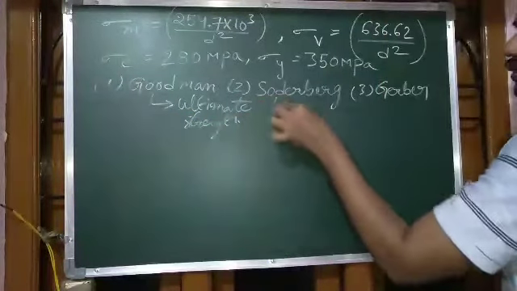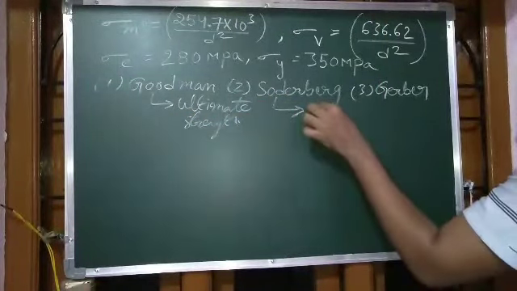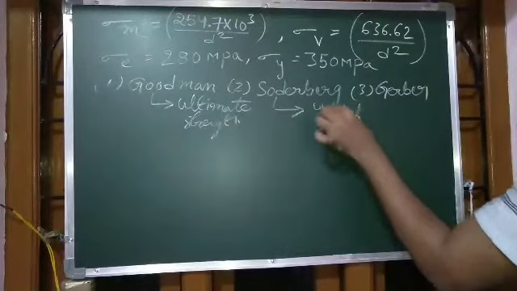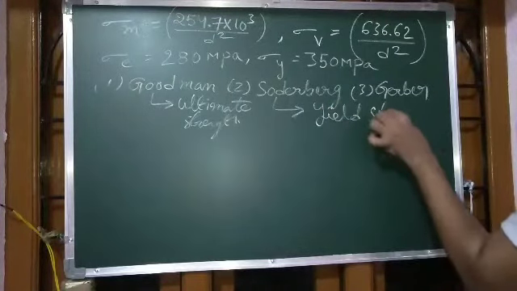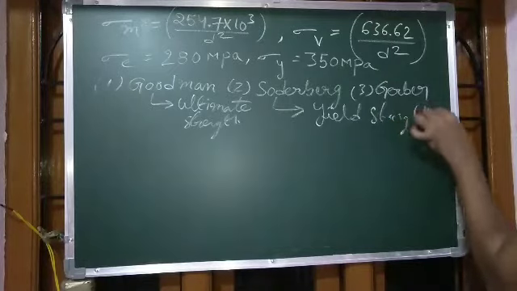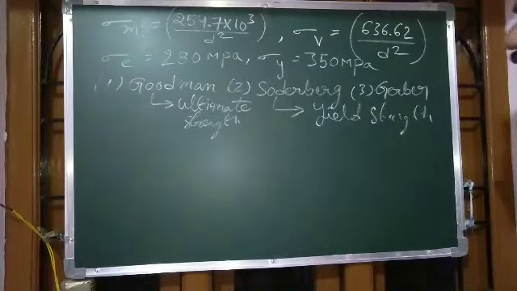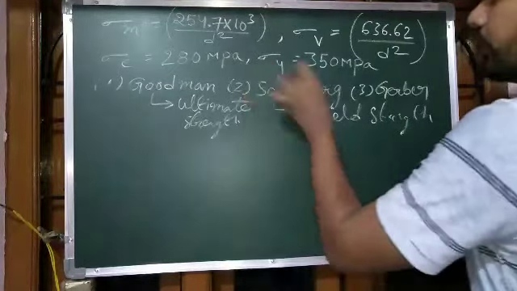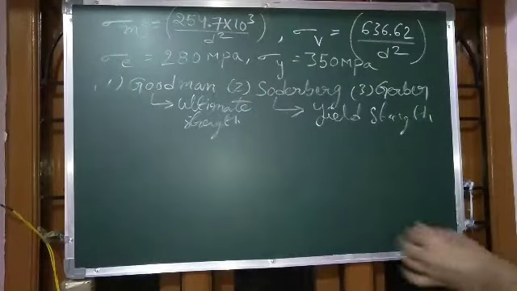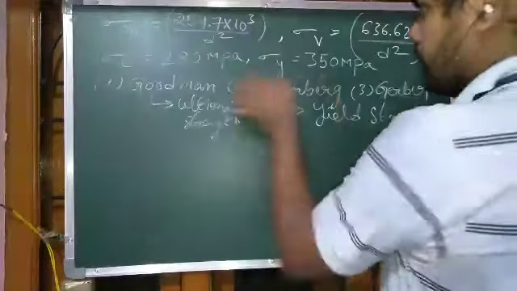Whereas for Soderberg theory the design is based on yield strength. So this theory is used when the design is based on yield strength. Here we have only the yield strength in the given question.